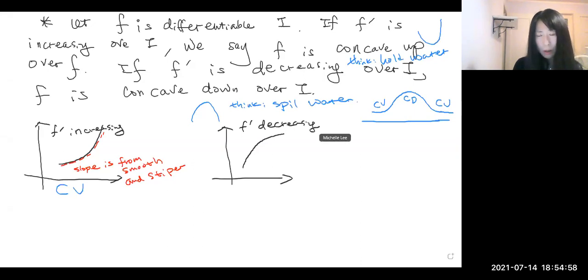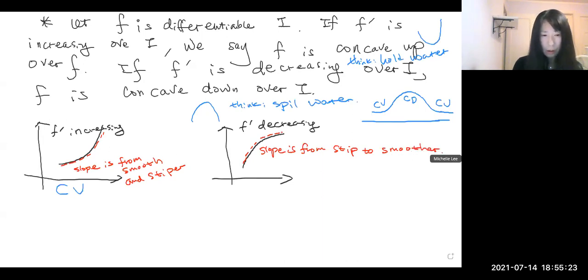Same concept, the slope is steeper, then smoother. So we call this concave down, right?